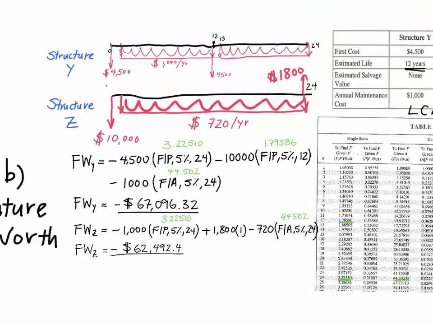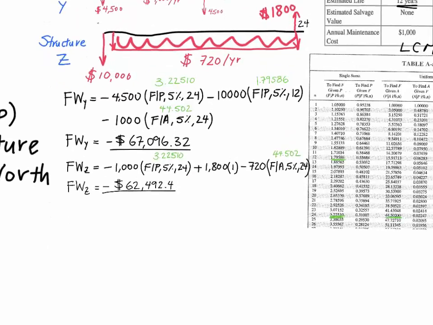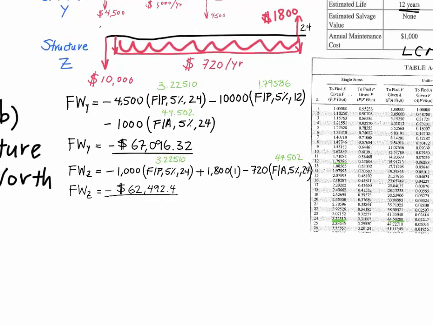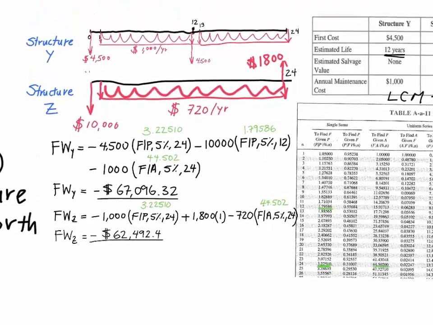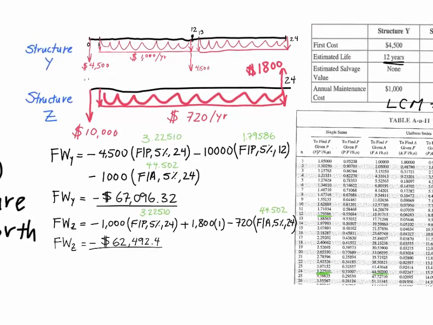The next would be structure Z, where we have 1, 2, 3 parts, 3 terms. The initial investment, you bring it to the future by F given P, the 24-year factor. We have here the 1800, the salvage value, which is exactly at the future point we're calculating the future worth of the whole cash flow, so we just multiply by 1.